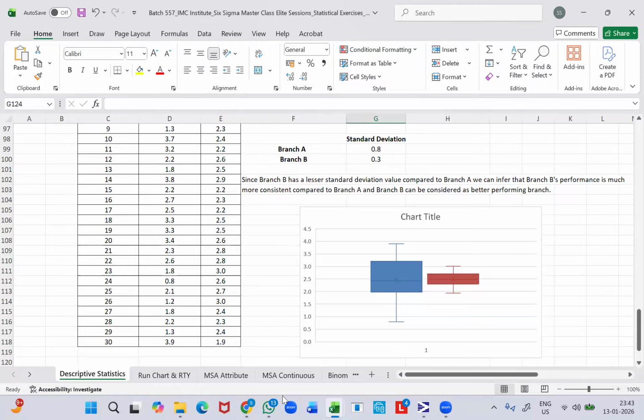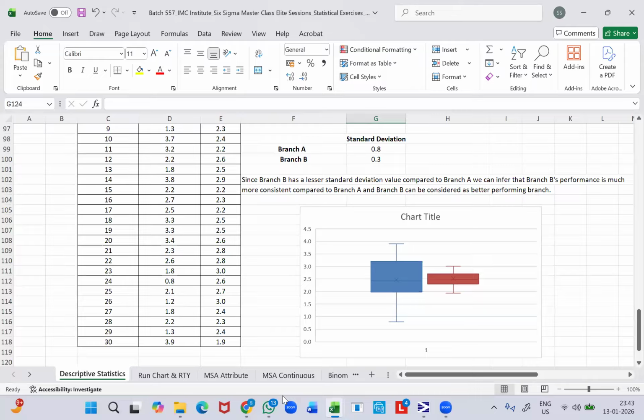So 10 sample units, and we need to have a minimum of 2 appraisers who would be handling the measuring equipment. So in continuous data measurement system analysis, we will have both the measuring equipment and the appraiser as part of the measurement system, right? So again, we will measure three metrics here, which would represent the measurement system variation.